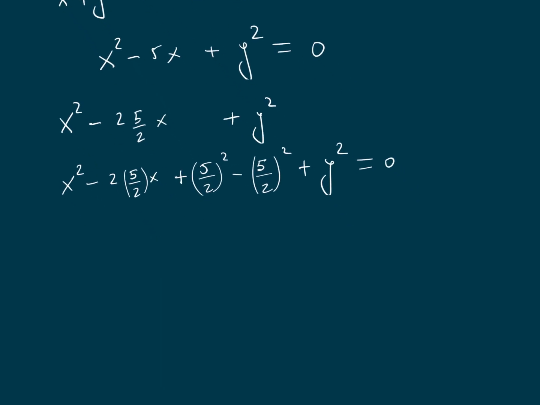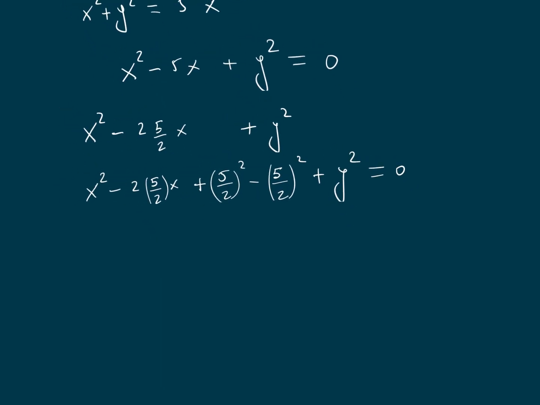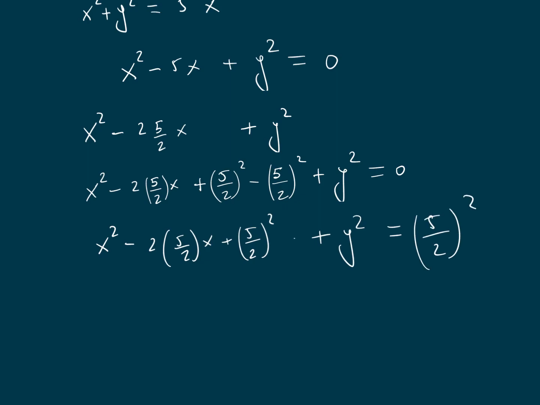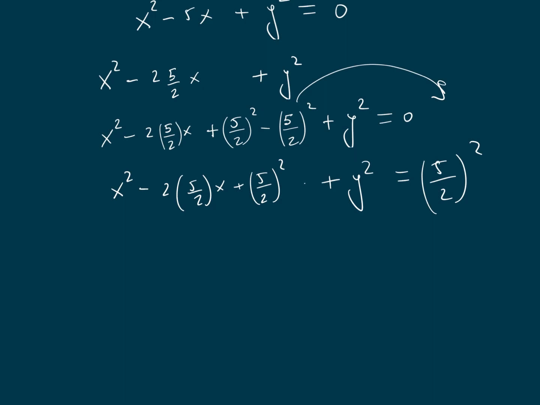Now I will reorder this equation. To reorder this equation means x squared minus 2 times 5 divided by 2 multiplied by x, plus 5 divided by 2 squared, plus y squared equals 5 divided by 2 squared, where I have passed this term to the right. And now what do I have?